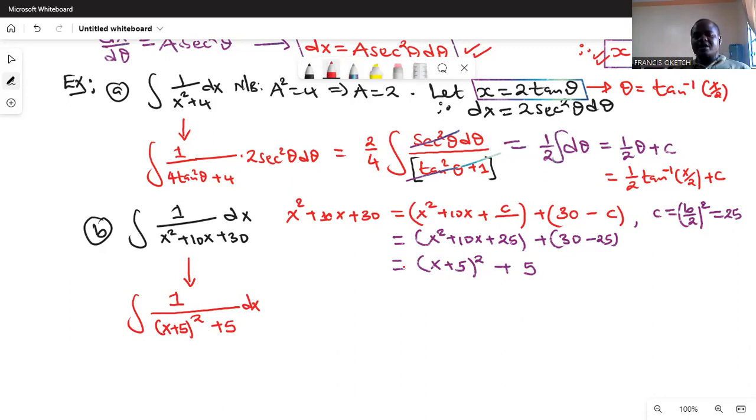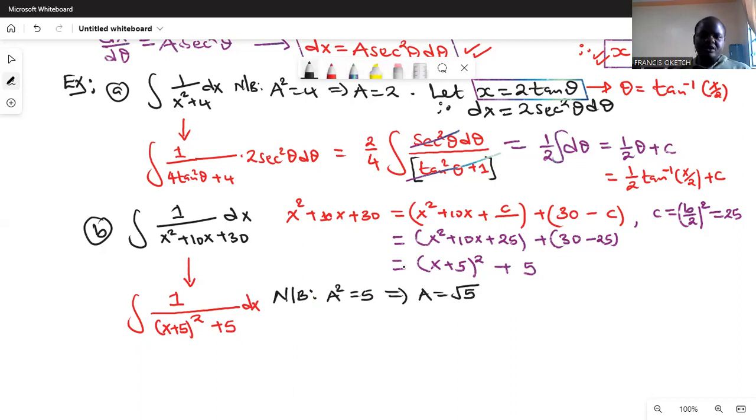We compare. In this case, our a squared is 5. So what is a? We take note that a squared is equal to 5, which means that our a will be equal to root 5.